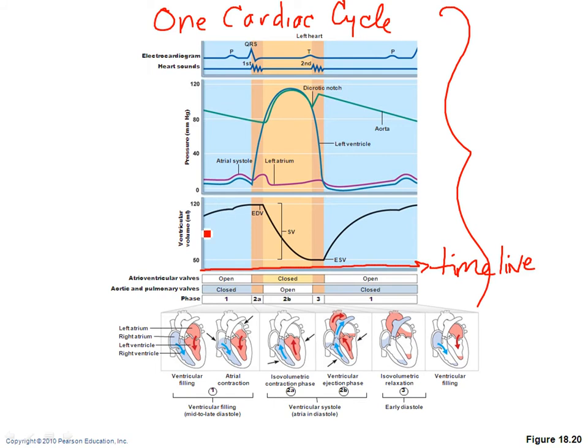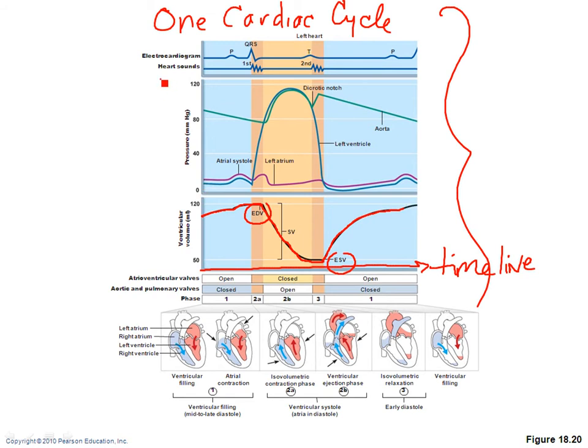So for example, here, this lower graph, this is showing you the volume of blood in the ventricles. Here's our EDV, our end diastolic volume, about 120 to 125 mils, and where we reach that point, and then how it falls off as the ventricles contract so that you reach your end systolic volume, or ESV, and then how it starts going up again when passive filling of the ventricles resumes.